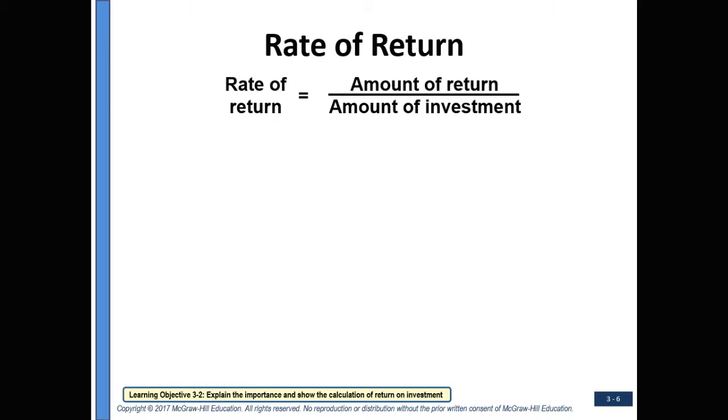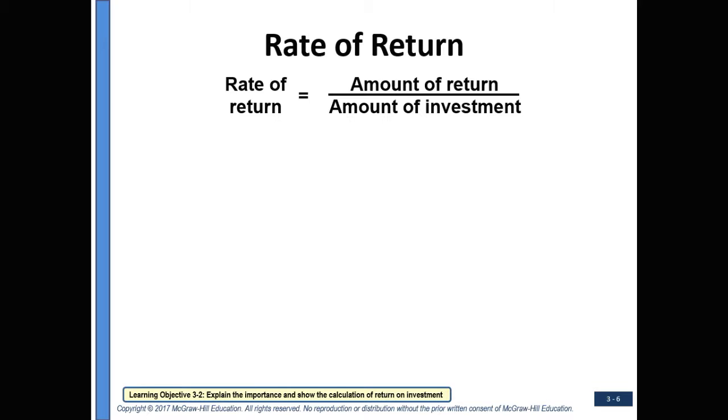One of the important ratios that typically investors, but even the companies themselves, will use is related to the rate of return. To calculate the rate of return ratio, the amount of return on an investment is divided by the amount of the investment.